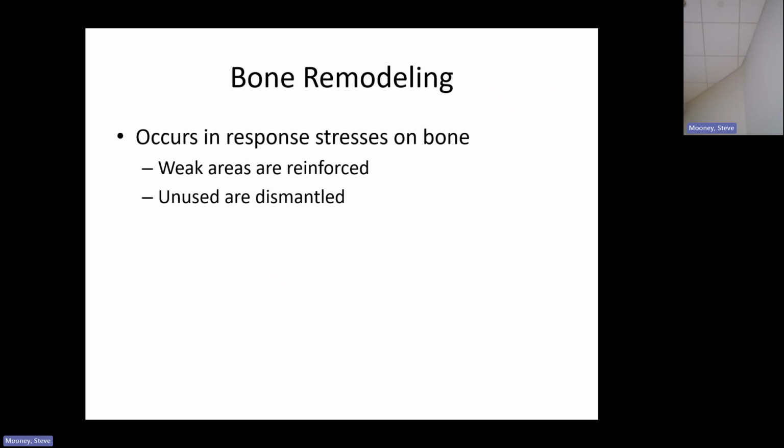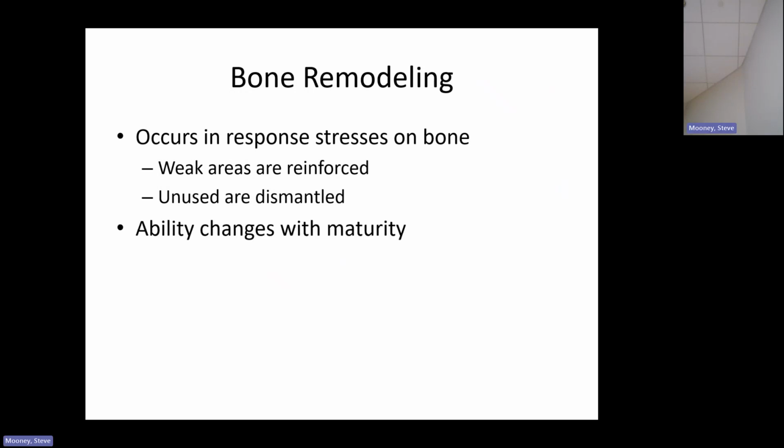Unused areas are dismantled. So you're going to take out the inorganic matrix. You're going to take out the protein matrix, and you're going to recycle them into other locations. Break it down, protein back to amino acids. Going to transfer them over to areas where they're needed.